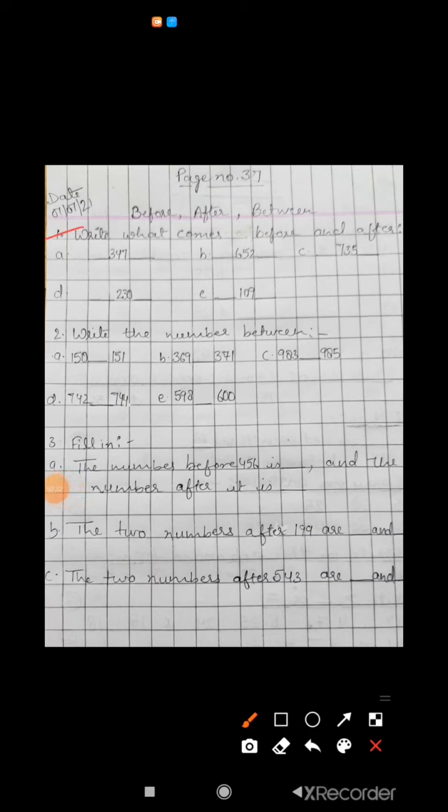Okay students, now come to question number 1. Write what comes before and after. In A part you see one number is given, 347, and before this number you have to write 346. After 347, 348. Now come to B part. Here the number is 652.